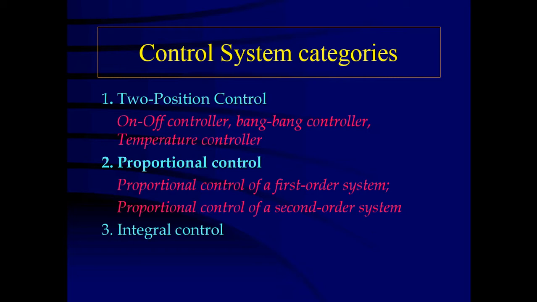You see that we talk and speak properly here. The order of a system is the degree, or the power, of the highest derivative. If you have the first order derivative, then it's called a first order system. But if you have s squared in the transfer function, then you have second order systems and so on. And in here you have the integral control, and then you have derivative control.